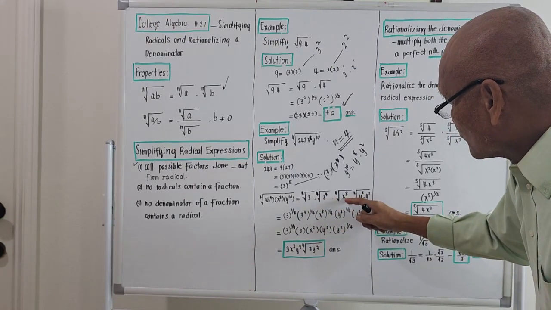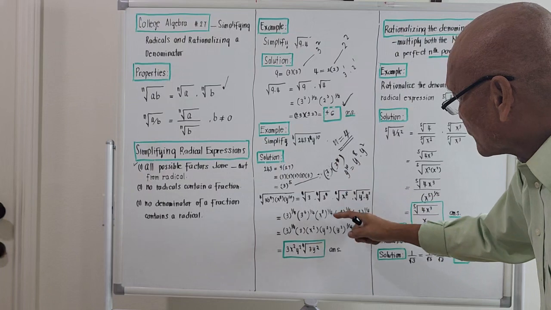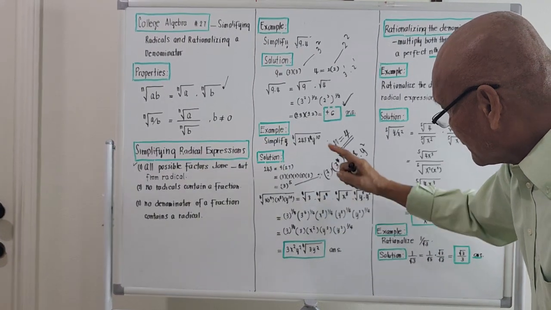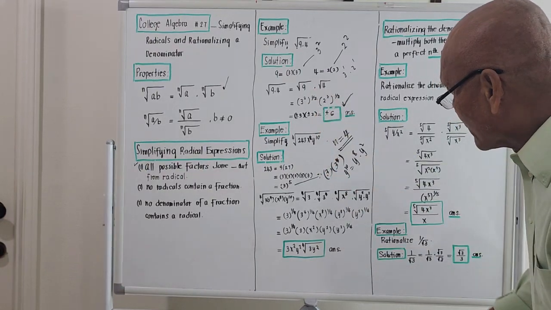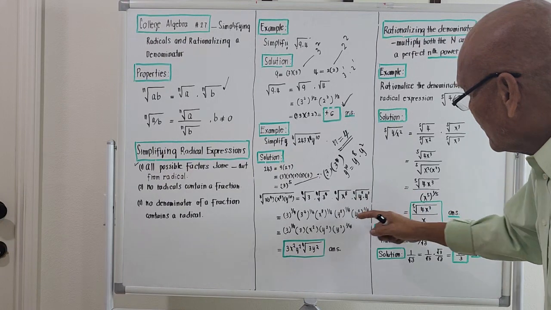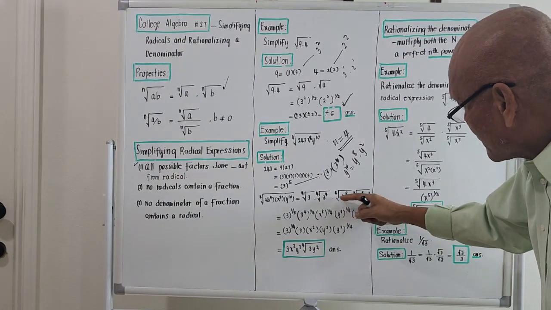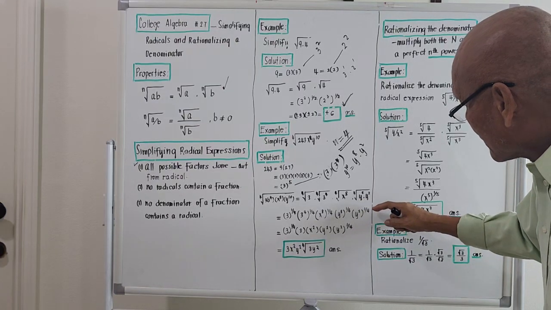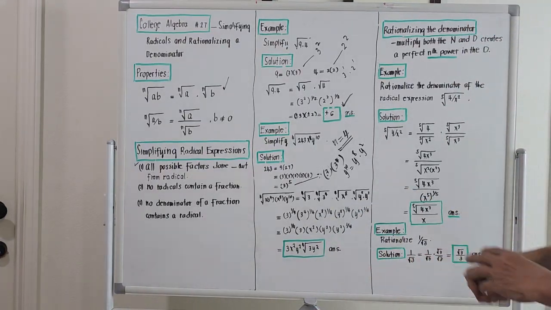The next one is x to the 8. We are taking the fourth root, so this is raised to the 1/4. Meaning to say x to the 8 raised to the 1/4 power. And the next one, this falls under product, so it should be y to the 8 raised to the 1/4. Next one will be y squared raised to the 1/4. Then try to make a simplification.